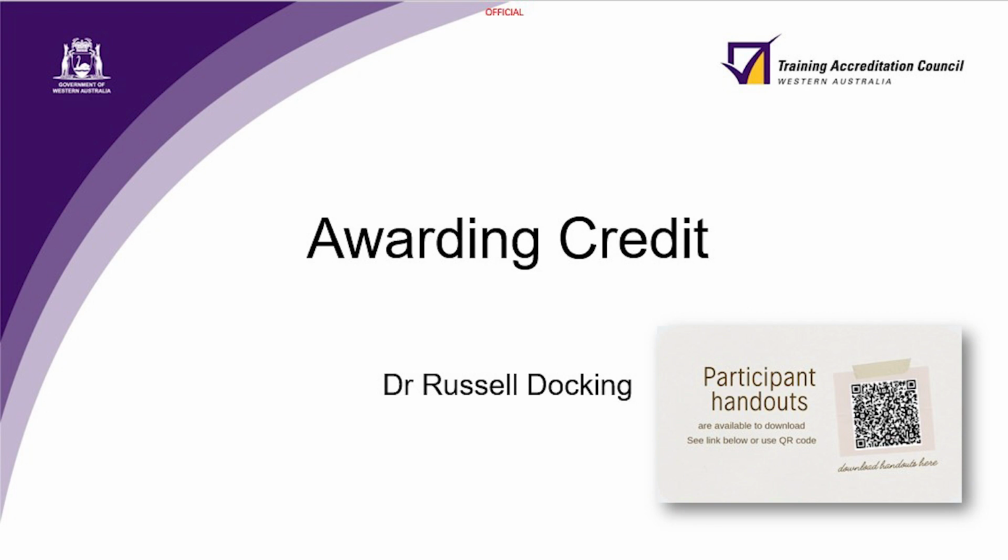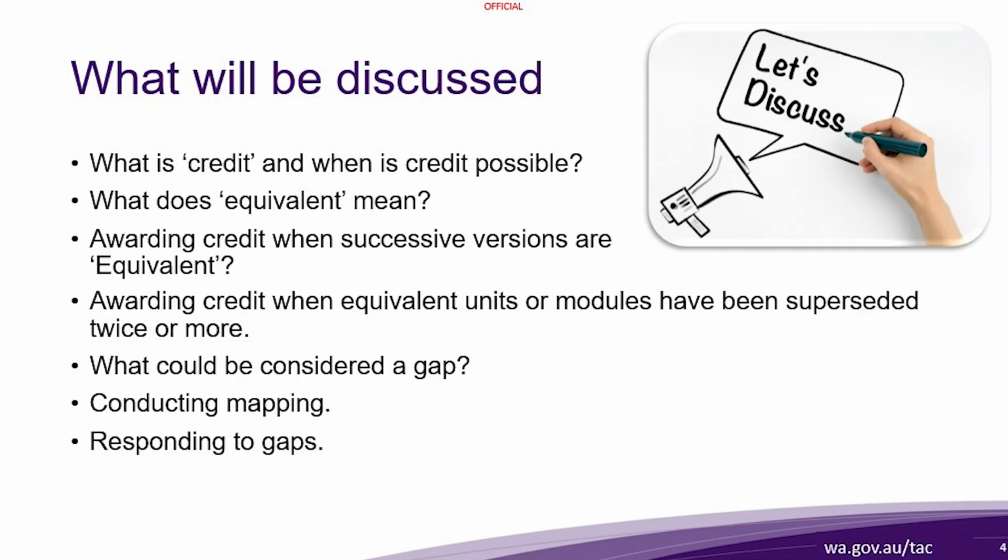And all of those will be referenced from one time or another during today's session. If not perhaps formally, you'll recognize that we are taking ideas and concepts and principles and rules from those documents. And of course, the primary document is always the Standards for RTOs 2015.